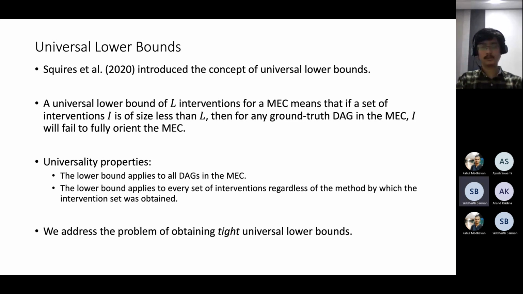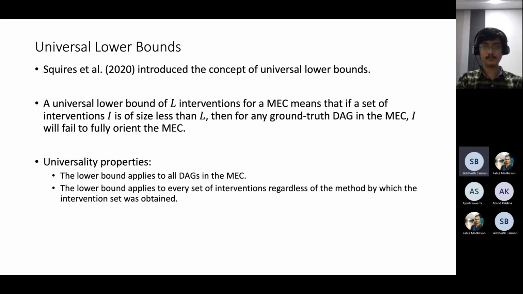So it is like a forgiving notion, in the sense that universal refers to the fact that even if you have the best possible DAG in this MEC, you will still need L interventions to orient. Is that the point? Right.